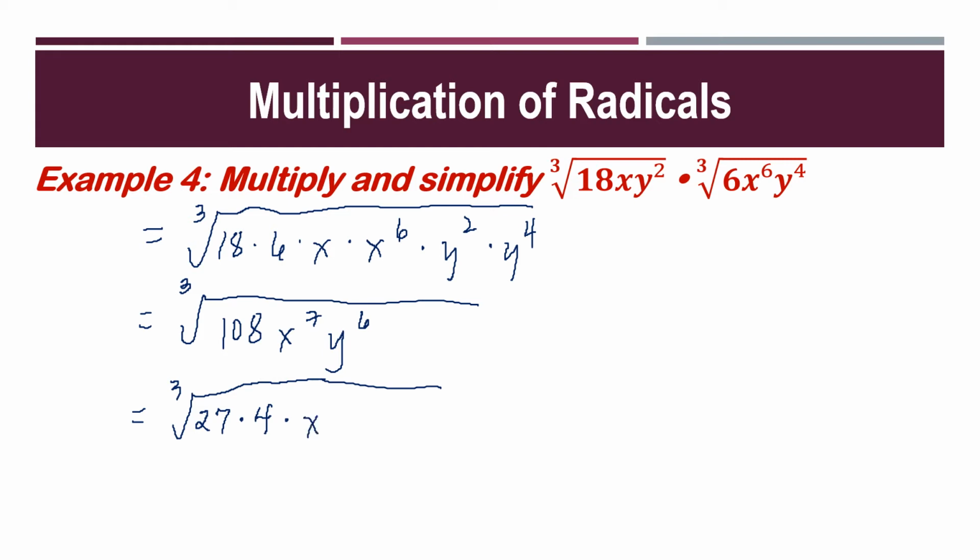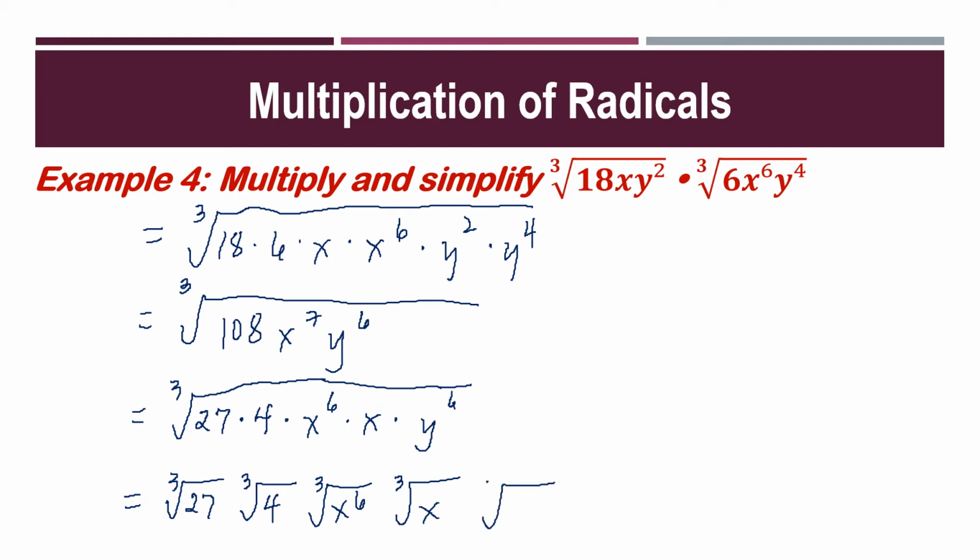So we're going to have x raised to the 6th power times x. For y, since it's already y raised to the 6th power, a perfect cube, no need to split it into factors. So this expression is the same as cube root of 27 times cube root of 4 times cube root of x to the 6th power times cube root of x times cube root of y to the 6th power.